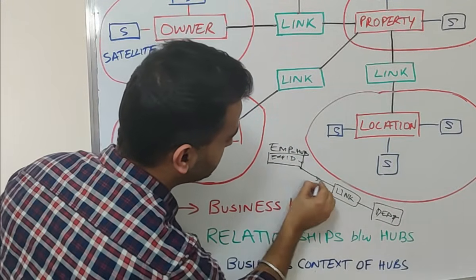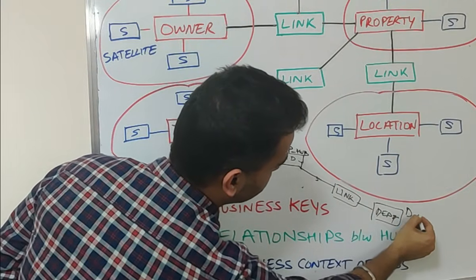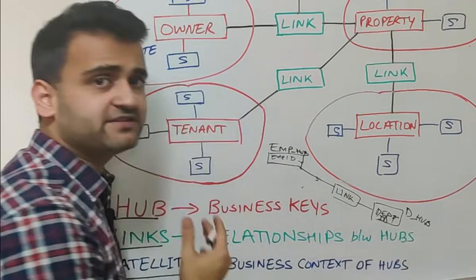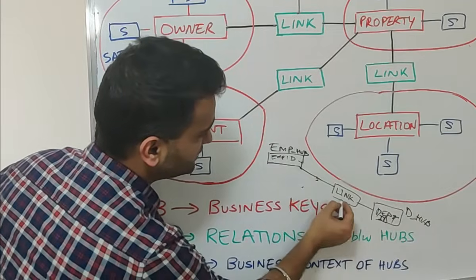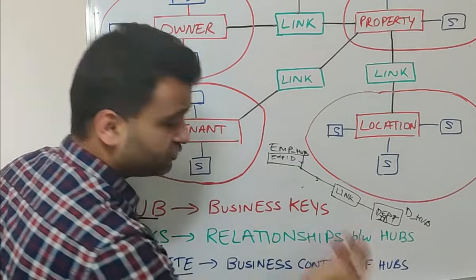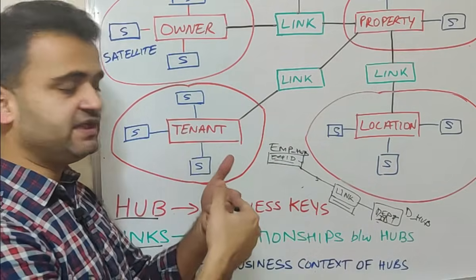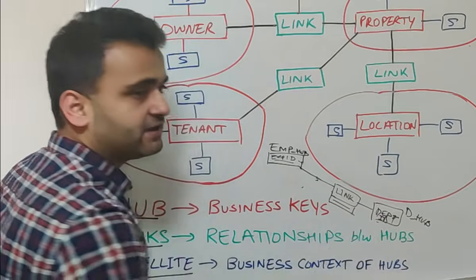Now it links to a department hub. This is the department hub and it has department ID. Department ID is the business key for the department hub, and the link between these two is the unique link which identifies a relationship between an employee and a department.